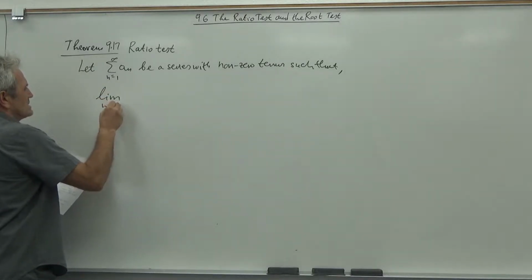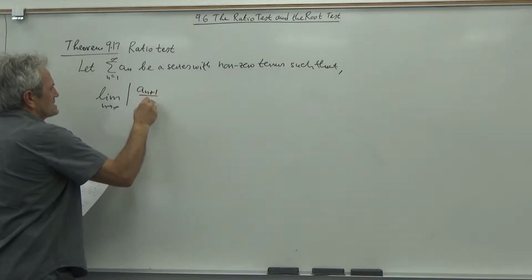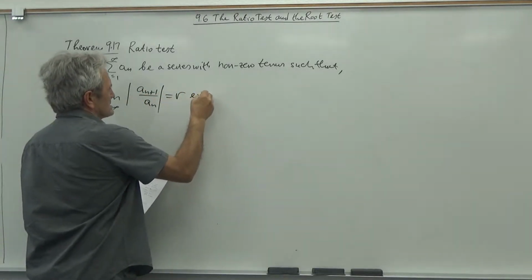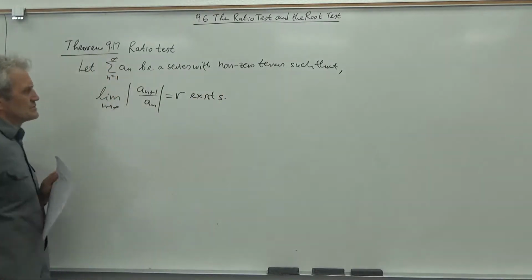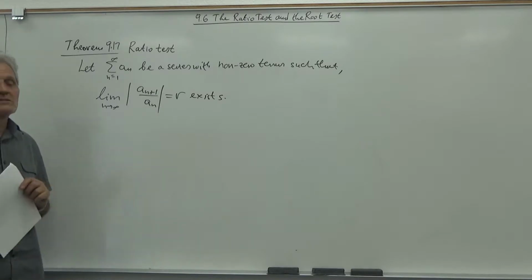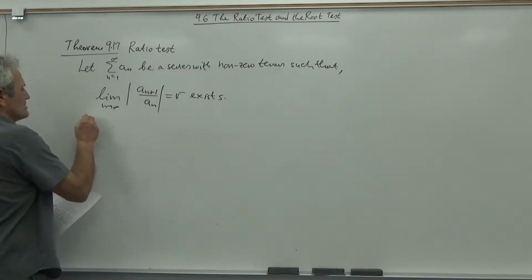The limit as n goes to infinity of the absolute value of a_{n+1} over a_n equals r, and it exists. You take the absolute value of the numbers, take a limit, and assume that we get a limit, and that limit is r. Then you have decision making.